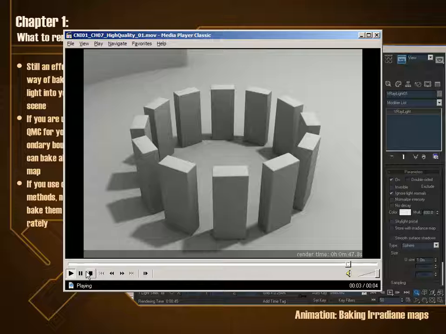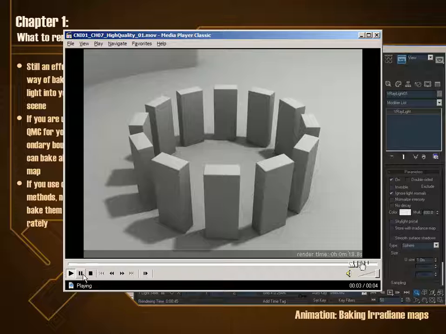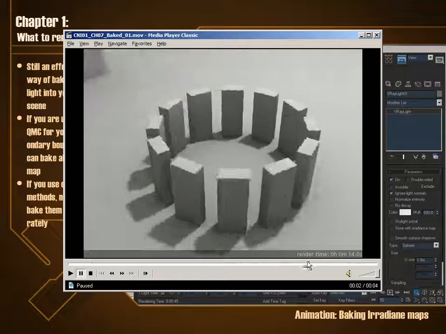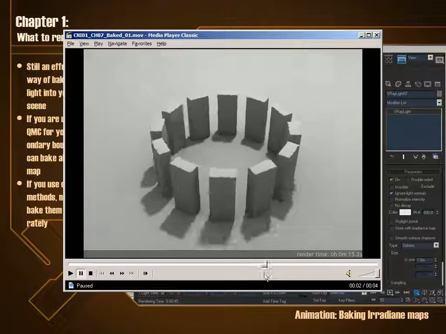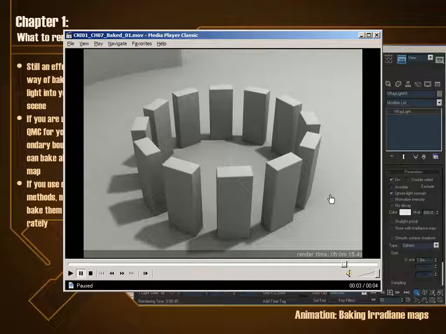It gave very low rendering times, and all the samples were baked in, so there's no noise traveling at all throughout our scene. Okay, great.